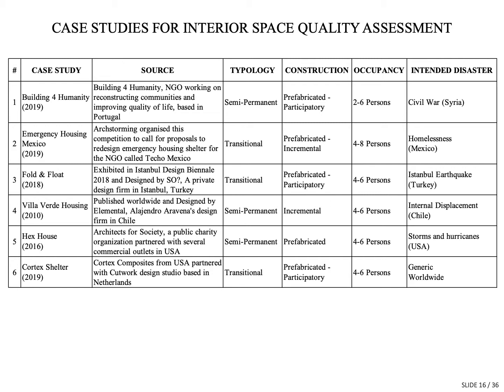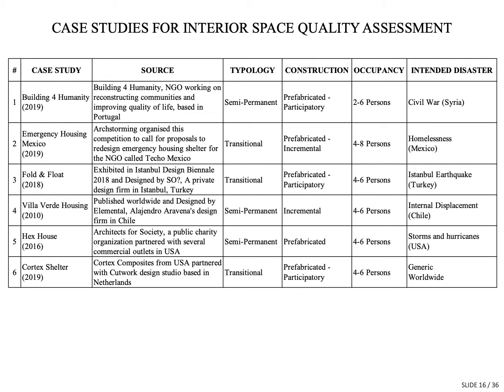These are the case studies selected as per the criteria and limitations. Number 1 is the Building for Humanity Design Competition 2019 by an NGO, Building for Humanity, in Portugal. The intended disaster for this competition was the civil war in Syria and the resulting influx of Syrian refugees along the Turkish eastern border.